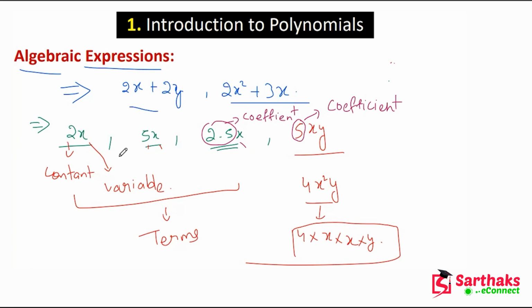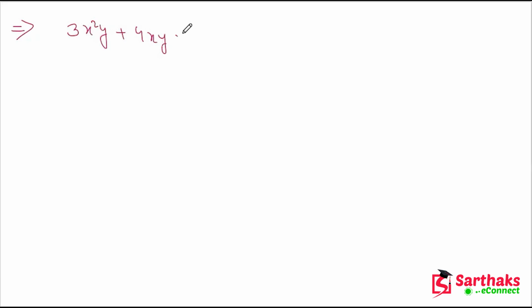Now here we are seeing examples of expressions. An expression is the combination of terms with the help of mathematical operators, like 3x square y plus 4xy plus 5x plus 6.